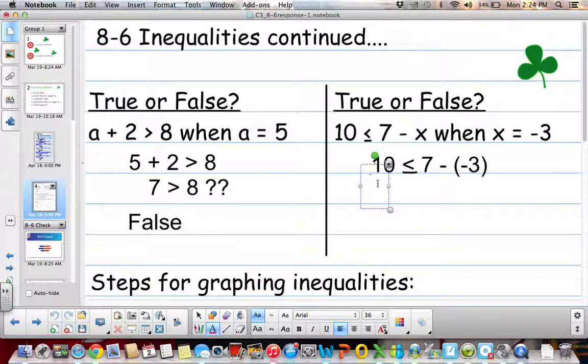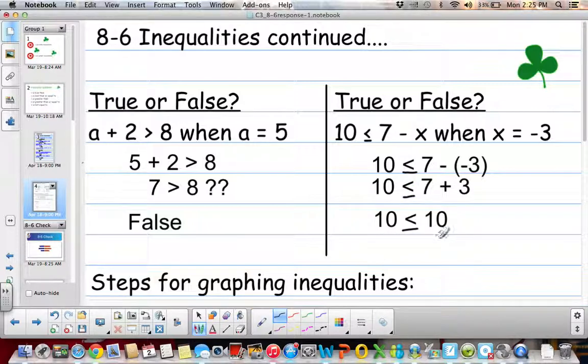Let's simplify. 7 minus negative 3 would actually be plus 3. So we'd have 10 is less than or equal to 10.